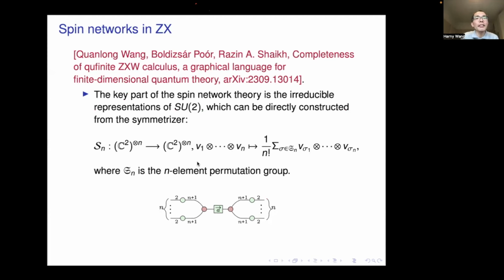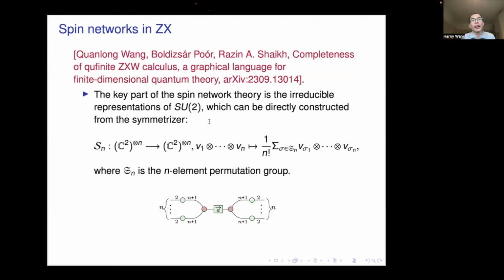And finally, I want to mention something we did relatively recently. There is something like spin networks, which are used a lot, like in quantum gravity or in quantum chemistry.